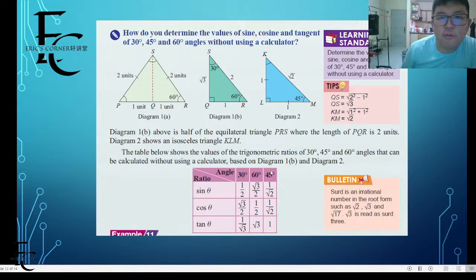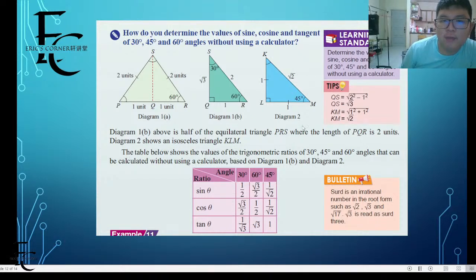For 45 degree, how do we find? It will be the triangle KLM, which is a right angle triangle with sides of 1 unit. So how do we find KM as hypotenuse? 1 squared plus 1 squared, so we get square root of 2. So for sine 45 degree, 1 over square root 2, opposite over hypotenuse.